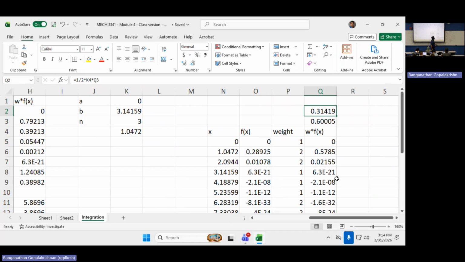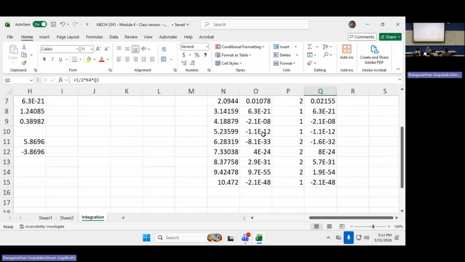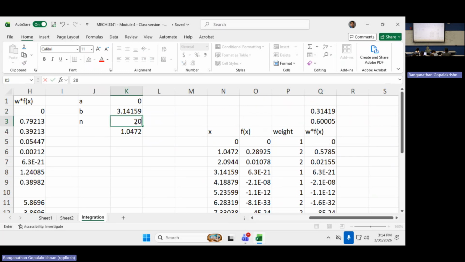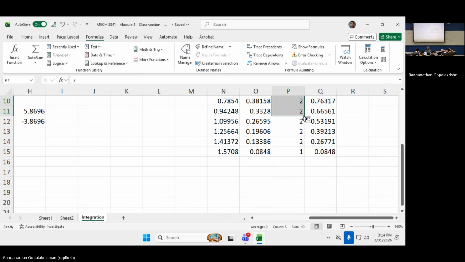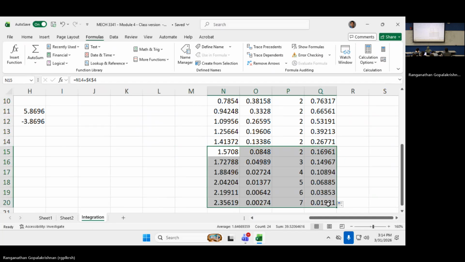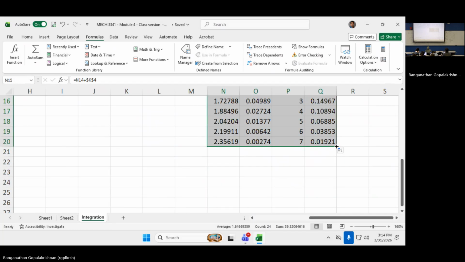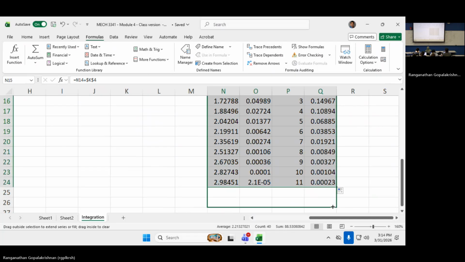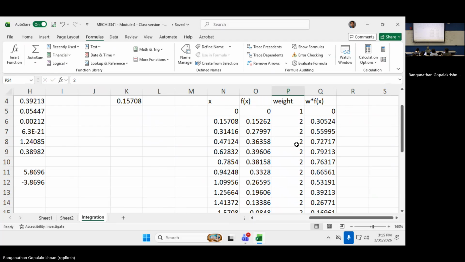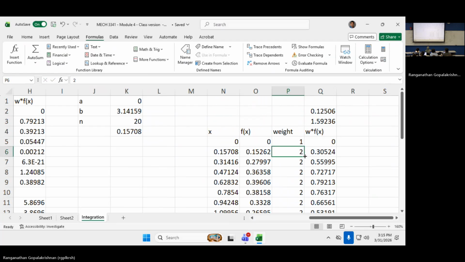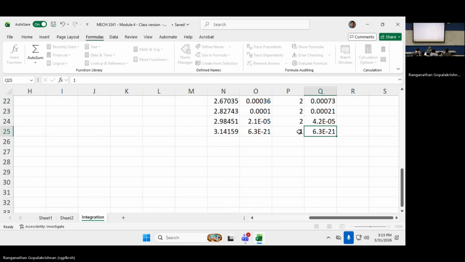Okay. So let's do 20 segments to see whether this trend continues or will it terminate at some point. So if we do 20 segments, okay.